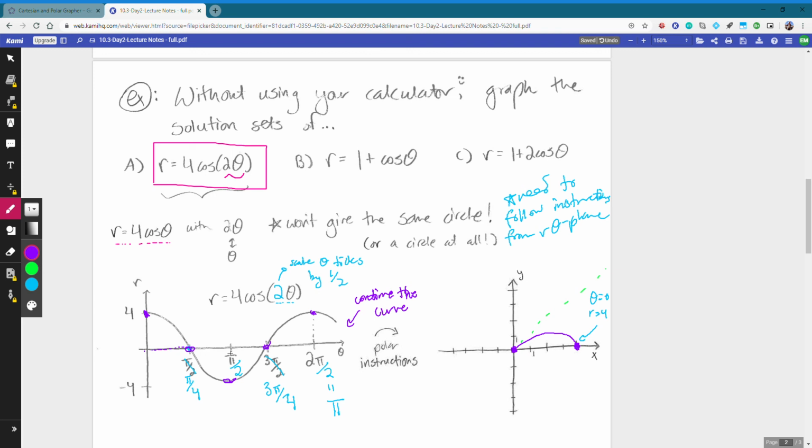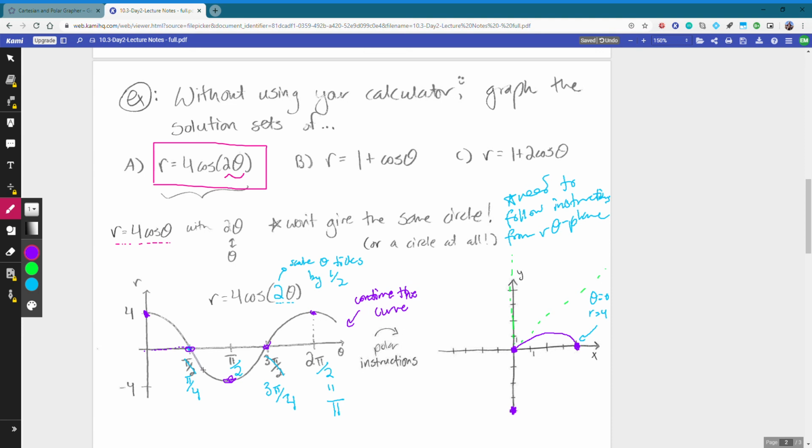Our next anchor point comes from pi over 2, and our r is negative 4 there. And so at pi over 2, now we're kind of facing up the positive y-axis. Negative 4 actually brings us down 4 in the opposite direction. And well, what's r doing between those 2 angles?